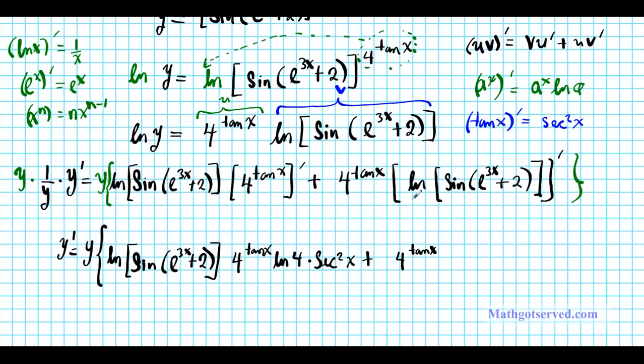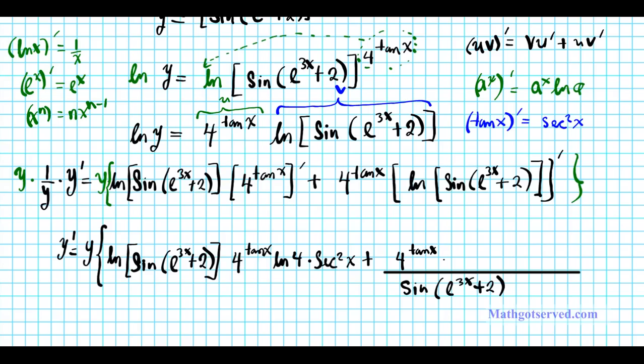If we differentiate the natural logarithm function, the outermost function, we're going to have the reciprocal of the logarithmic argument. So we can basically send that downstairs to conserve space. We're going to have sine of e to the 3x plus 2. So we've differentiated the logarithmic function. Now we're going to differentiate the sine. Oh, I skipped that.